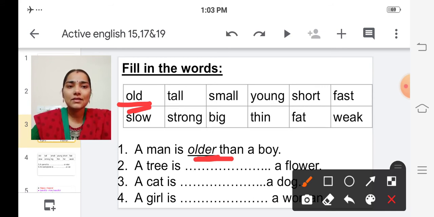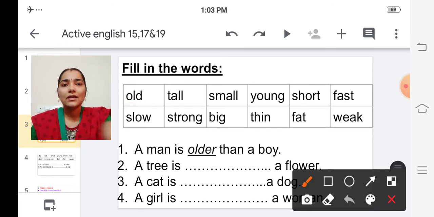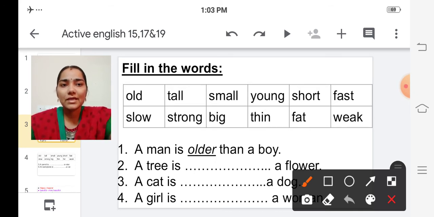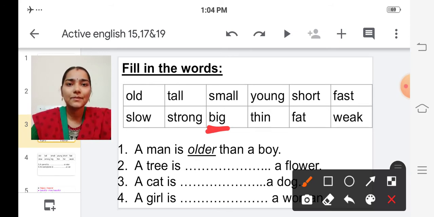See the next one. A tree is dash a flower. Compare these two objects, tree and flower. A tree is big. Use the word big. What is the comparative adjective for big?